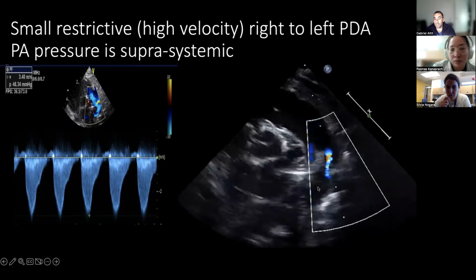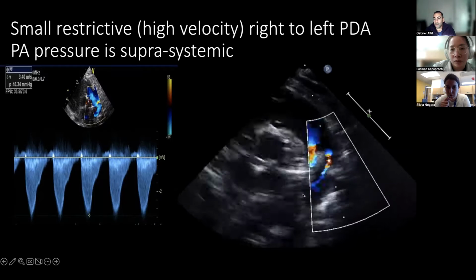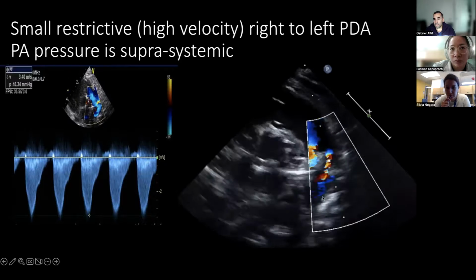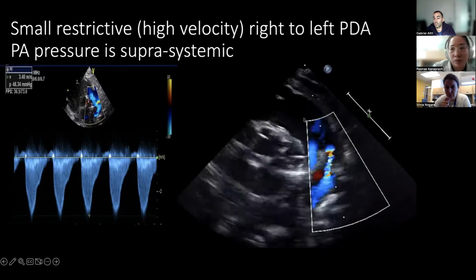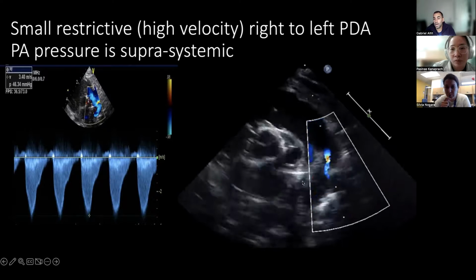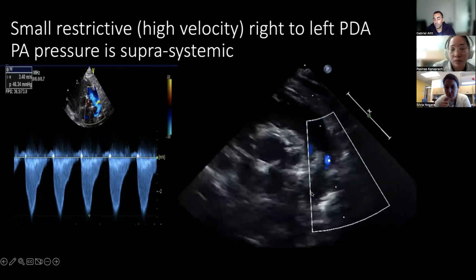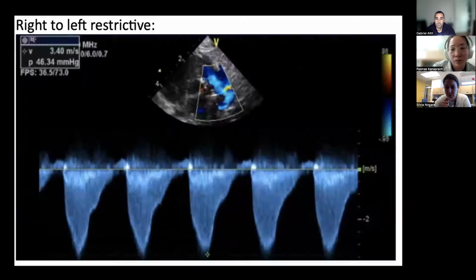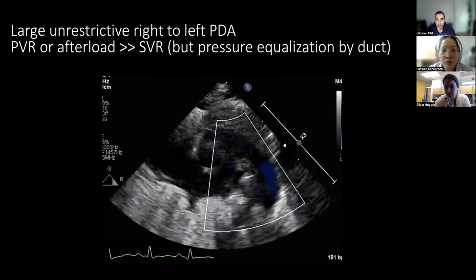Because the aortic pressure becomes so low that whatever flicker of flow you're able to generate, it's your RV that's able to pump some blood flow into the aorta. But it could also be the picture of a patient who has severe PPHN or acute pulmonary hypertension and the duct is closing. Okay, so right to left, this is how we would measure the gradient.